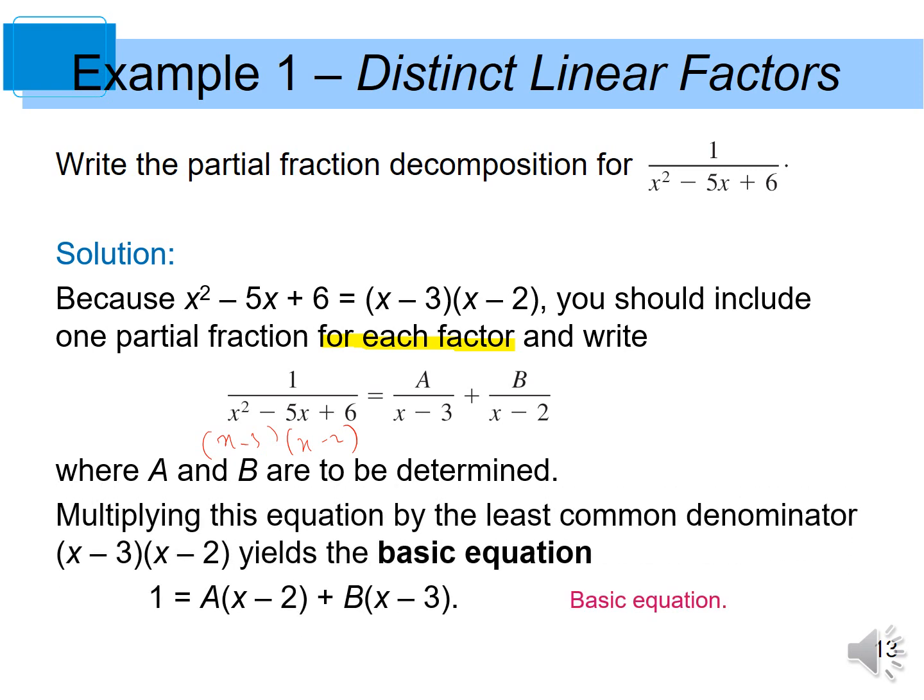Multiplying this equation by the least common denominator, (x minus 3)(x minus 2), produces the basic equation. Meaning that we multiply both sides of this equation by (x minus 3)(x minus 2).